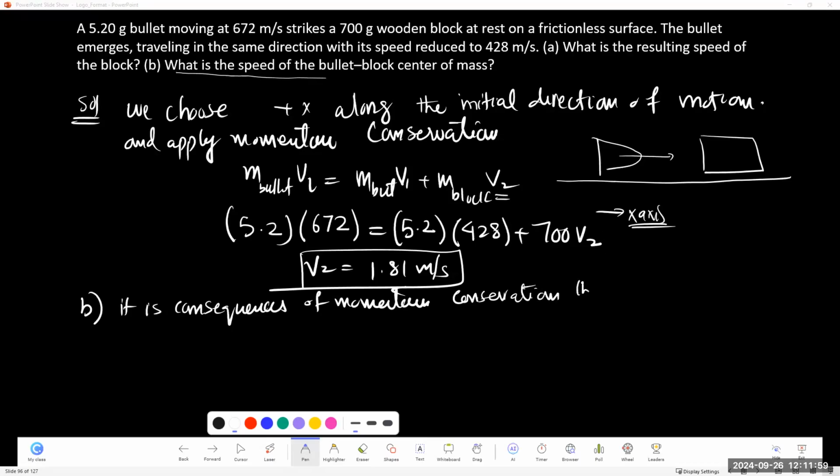The velocity of the center of mass is unchanged by the collision.